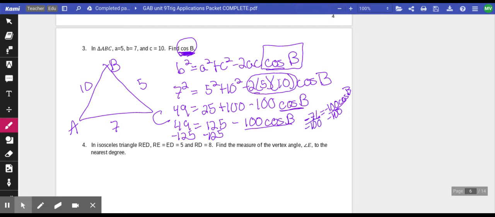Then I can simplify that fraction, 76 over 100, which can both be divided by 4. And it's a negative over a negative, so it's 19 over 25 equals the cosine of B, which is my answer. They wanted the cosine of B, so that's 19 over 25.